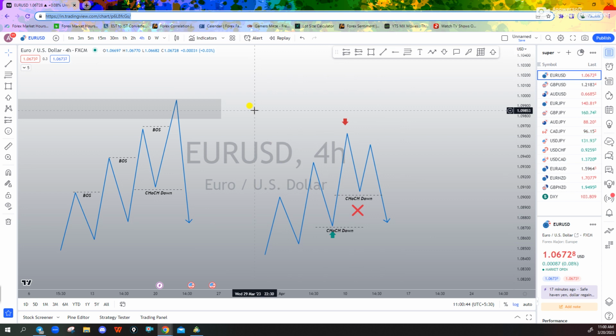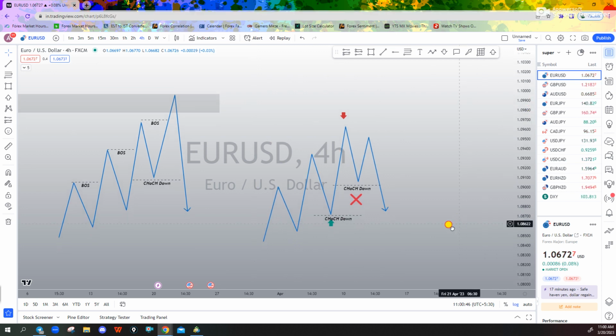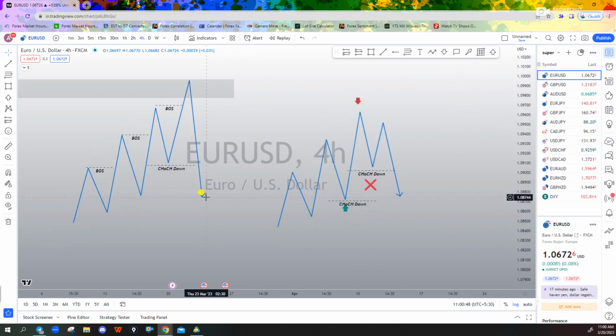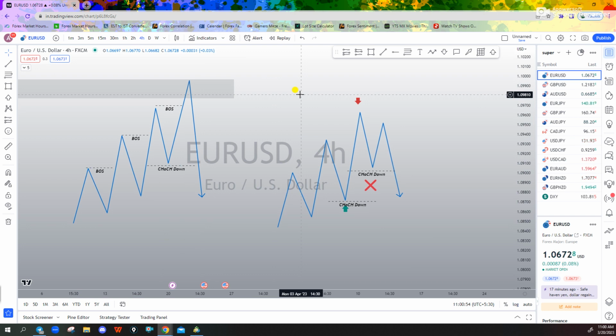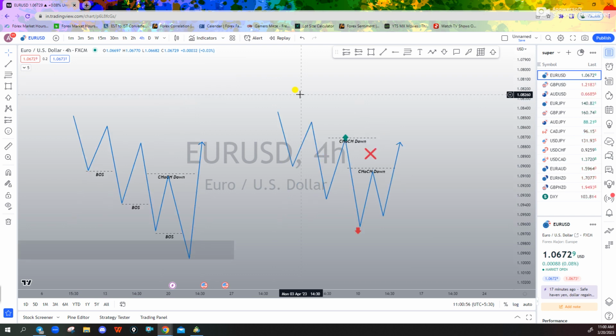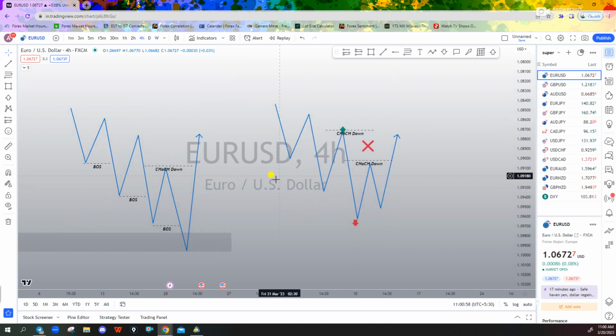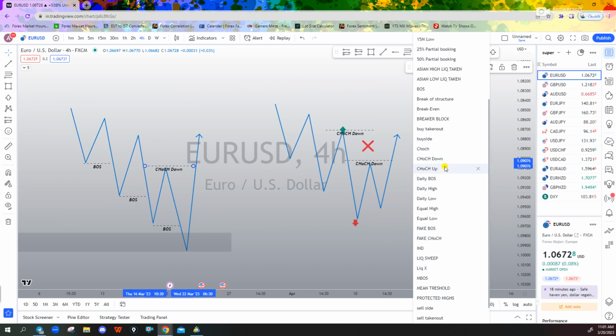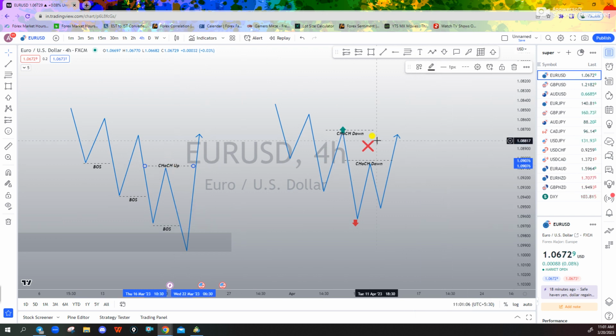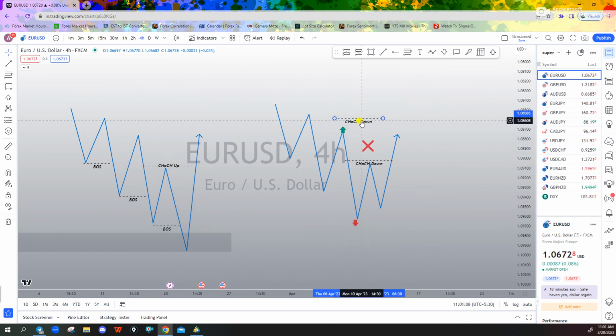So let me show you this. Yeah, and the same thing goes with the opposite side. This Choch down becomes the Choch up. See, this is a Choch up, and this is not the Choch down, it will become a Choch up.